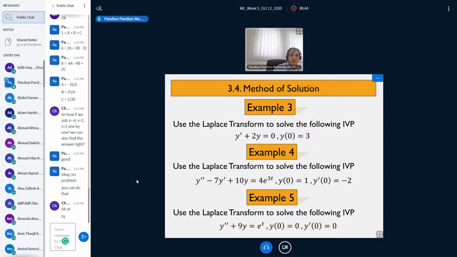So you have to remember that. And then you have inverse Laplace, that is 3.2.